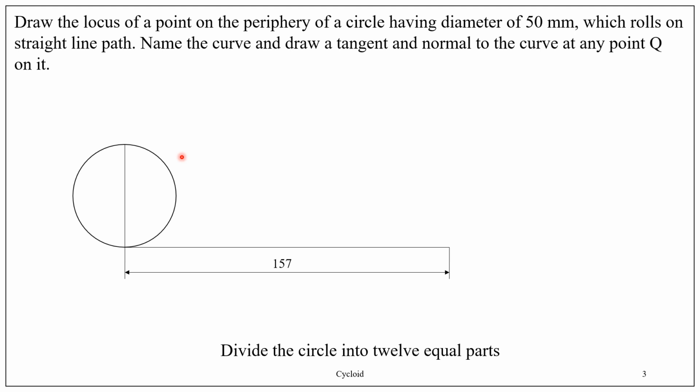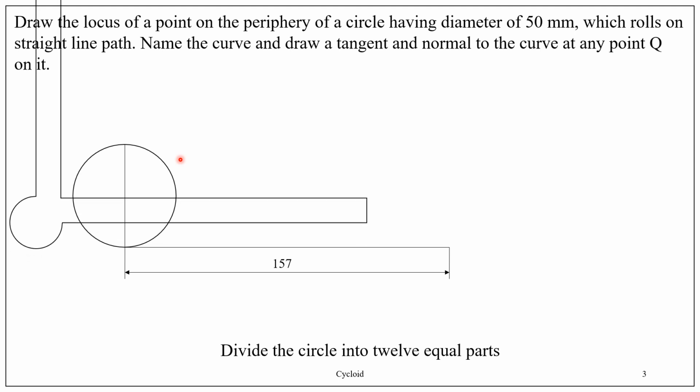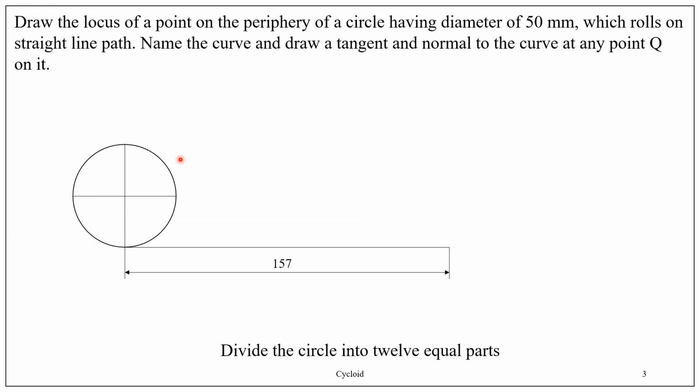Next, using the horizontal scale of the minute drafter, draw a horizontal line through the center of the circle like this. Now the circle is divided into 4 equal parts, but what is our aim?